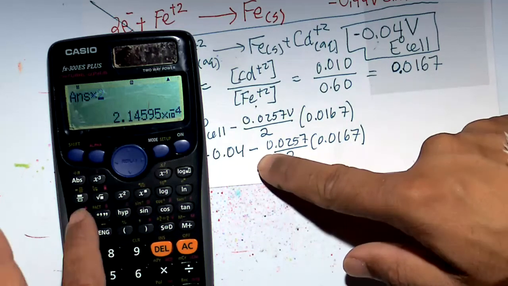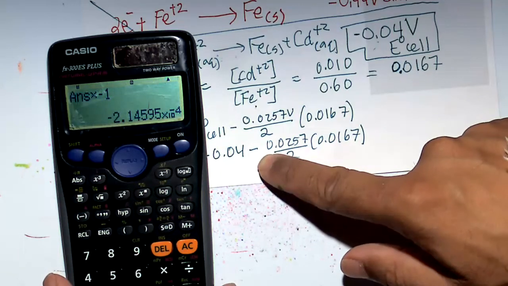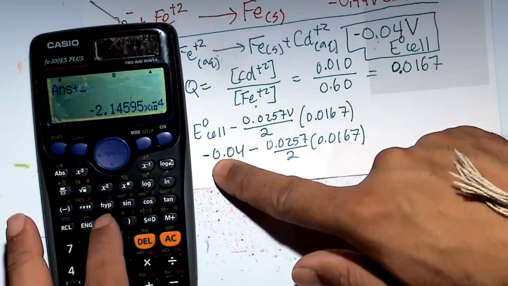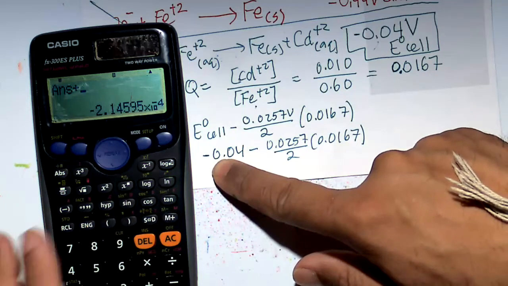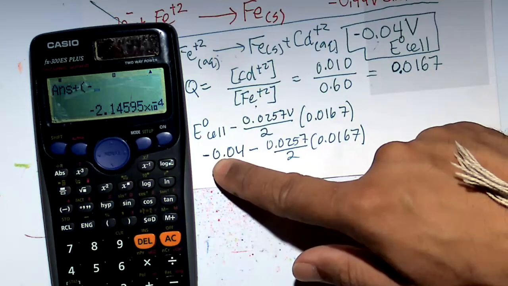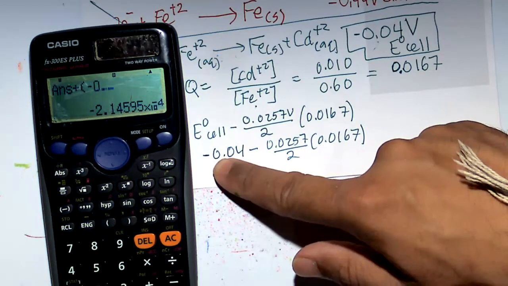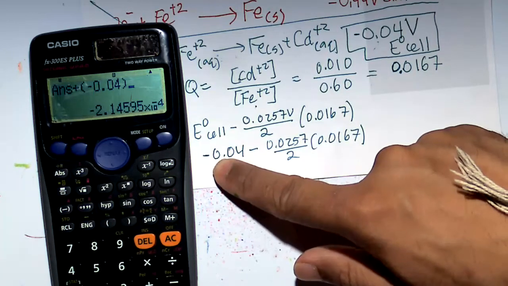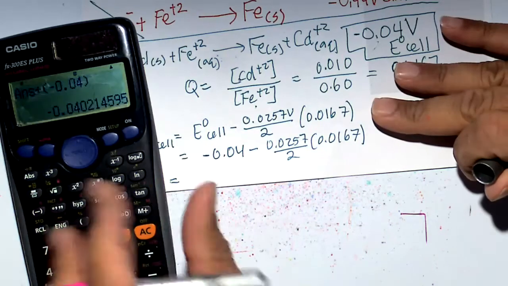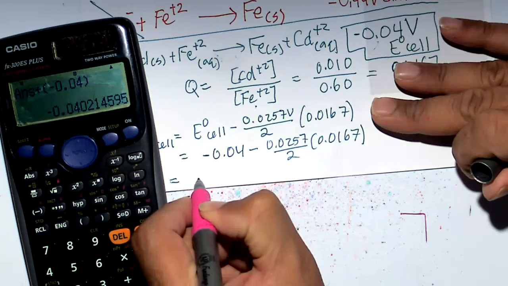Then plus, this is tricky, I'm going to put a parenthesis here. There's more than one way to do this. Plus a minus 0.04. Everyone see that? You can do it your way, whichever way you like. Same thing, minus 0.040 volts. Is that what you got?